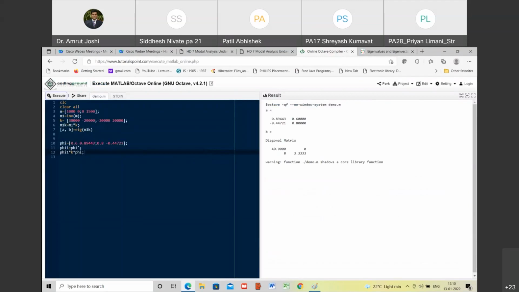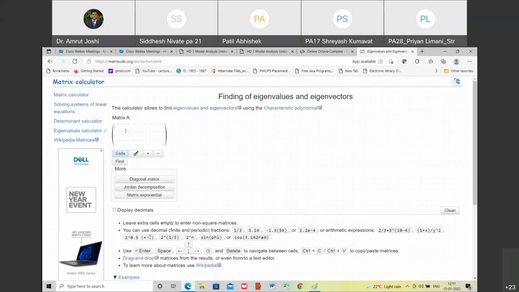Inverse of m inverse k. So let me calculate the eigenvalues of m inverse k. What is m inverse k? For that I will have to enter 30, minus 20, minus 13.333, plus 13.333. So I have to compute the eigenvalues.